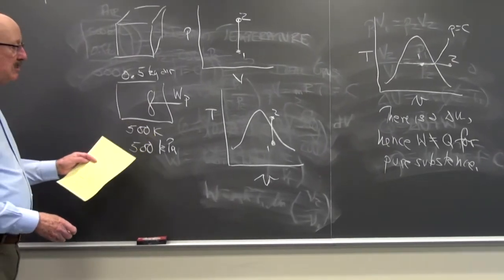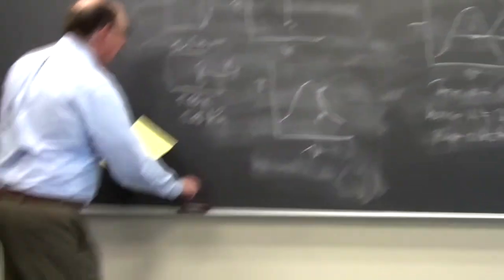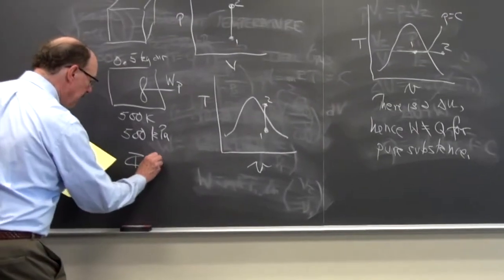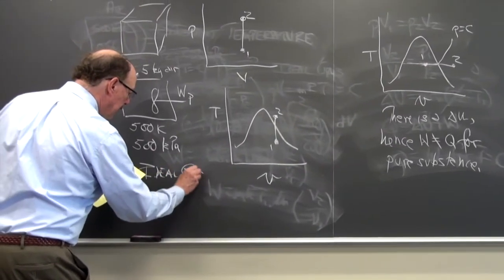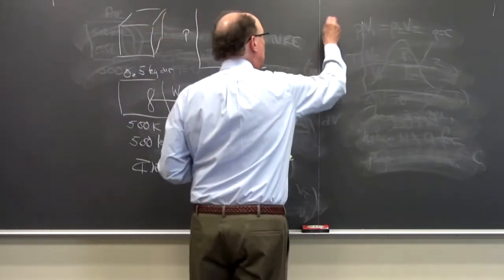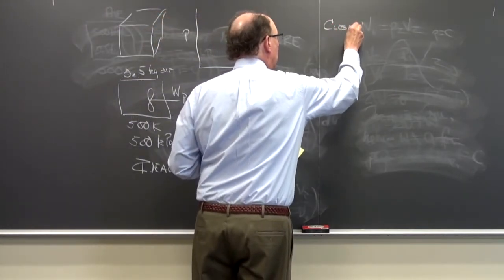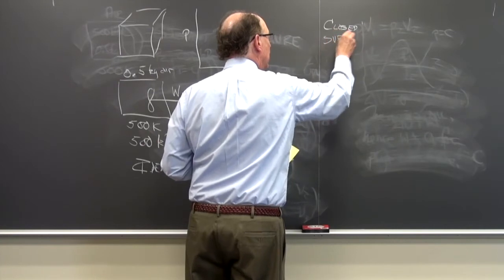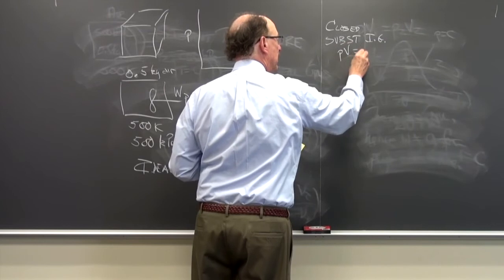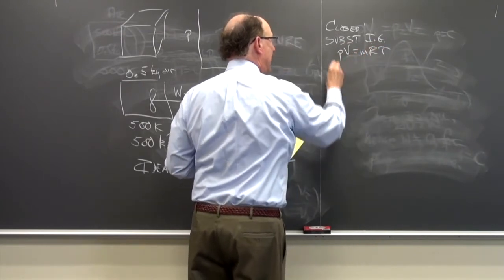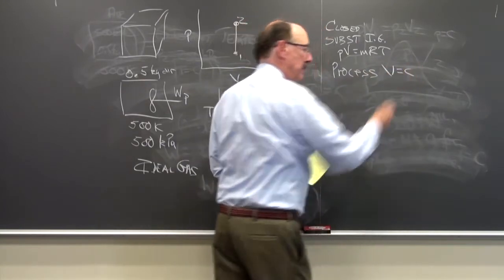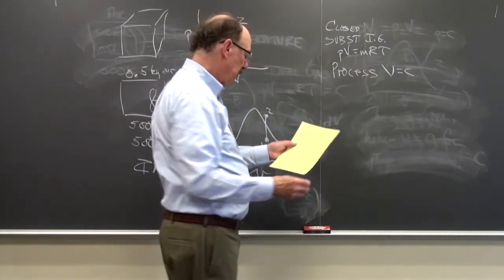And so now let's look at the first law for a closed system, and we're going to have this be air. So again, we're looking at an ideal gas. So we have a closed system. The substance is an ideal gas, PV equals mRT. The process is V equals C. And so then we can write the first law.